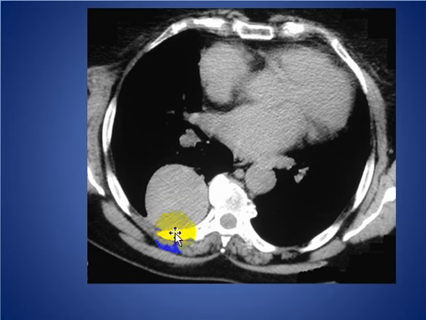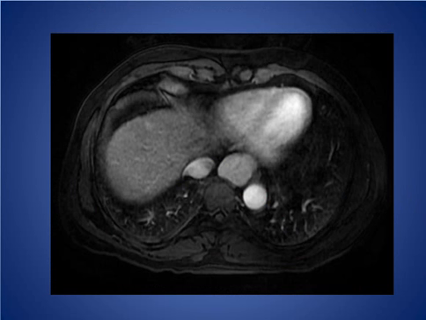As we see here, there is a large homogeneous soft tissue mass near the spinal canal, consistent with a neurogenic tumor. Here, this is another MRI scan. You see this is the descending aorta, this is the IVC, and this is the foregut duplication cyst.